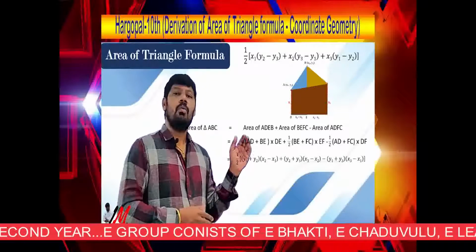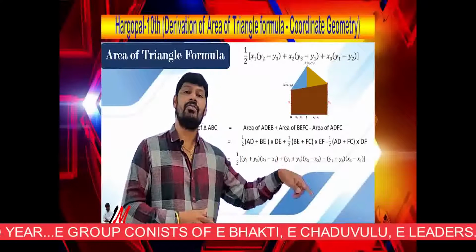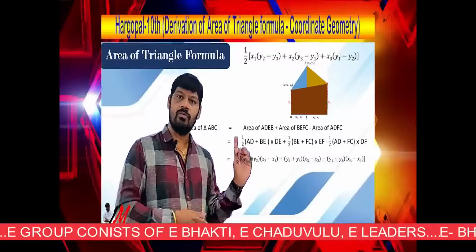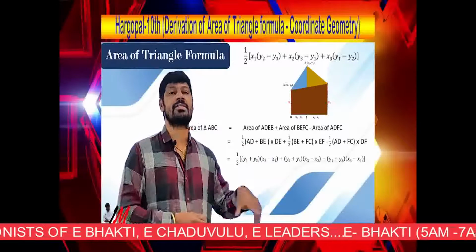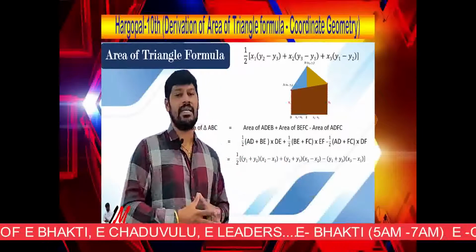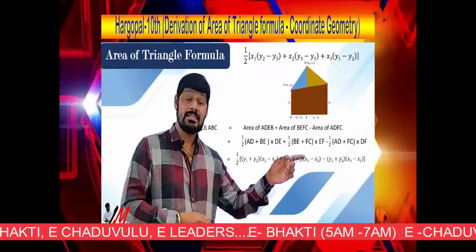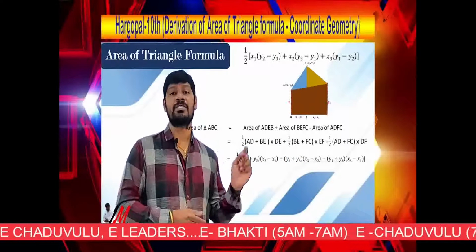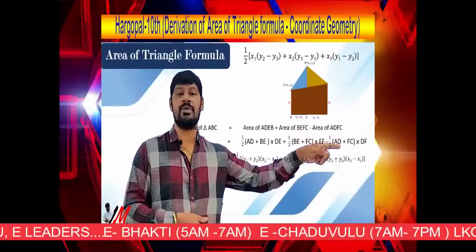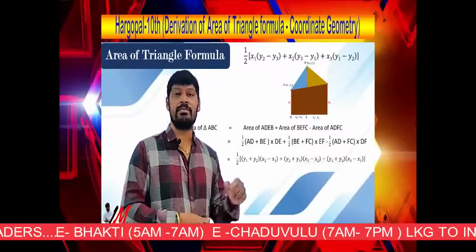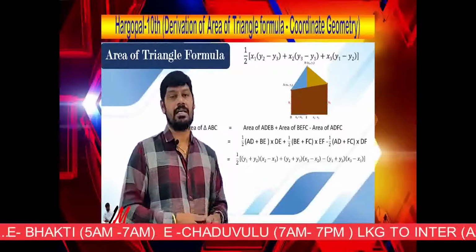Plus (y2 plus y3) into (x3 minus x2). y2 plus y3 are the parallel sides, and x3 minus x2 is the height of that trapezium. Minus (y1 plus y3) into (x3 minus x1). x3 minus x1 is the height of the final trapezium, and y1 and y3 are the parallel sides.